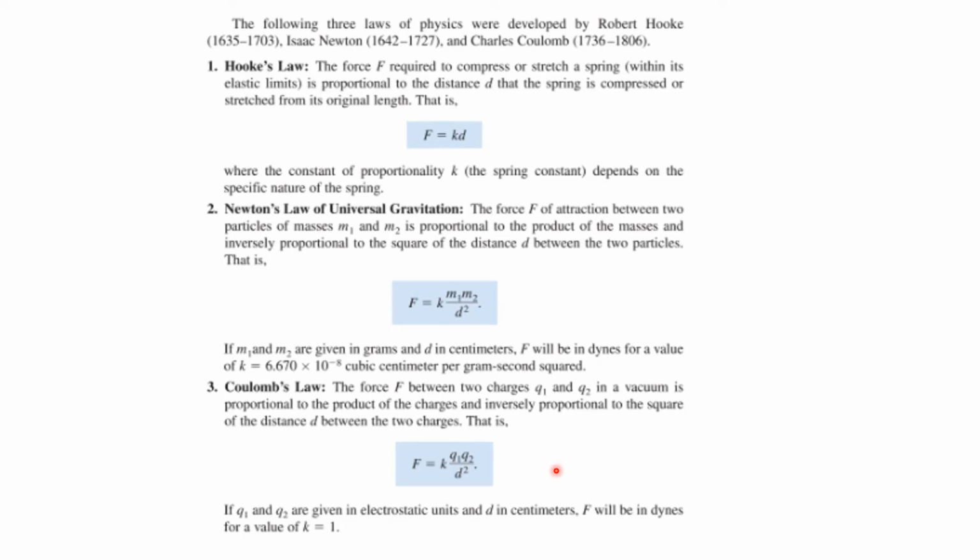And this is either a force of attraction if the charges are of different sign, one might be negative and the other positive, or they're repulsive if the two charges bear the same sign. So Hooke's law, Newton's law of universal gravitation, and Coulomb's law will happen in our work.